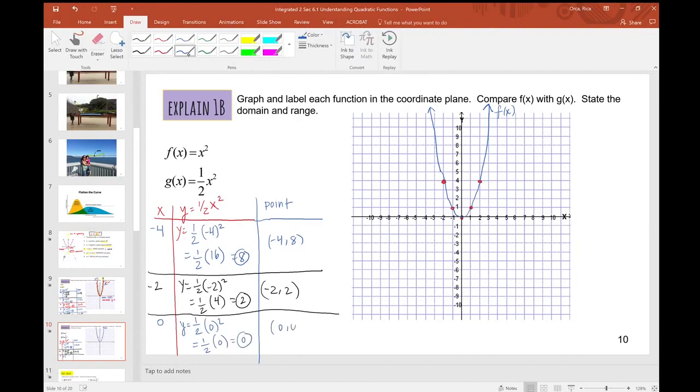So 0, 0. I'm beginning to run out of room, so I'll continue my table on the right side.